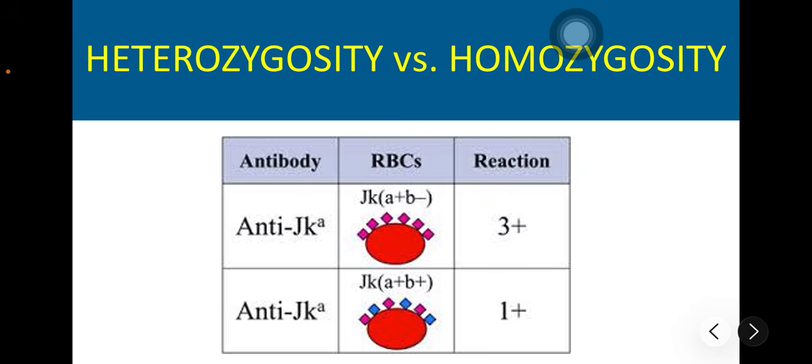You could see a 1+ or a 2+ reaction. Everyone, please take note that a 3+ or a 4+ grading on your agglutination reaction gives you a very strong result, while 2+ and 1+ give you a weaker result. But still, you can see visible agglutination.